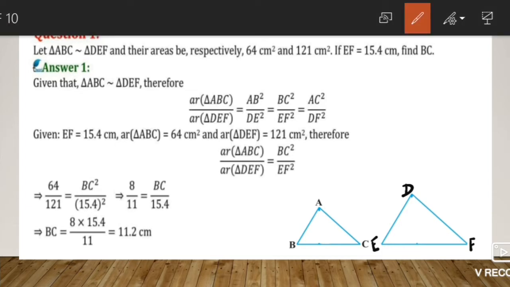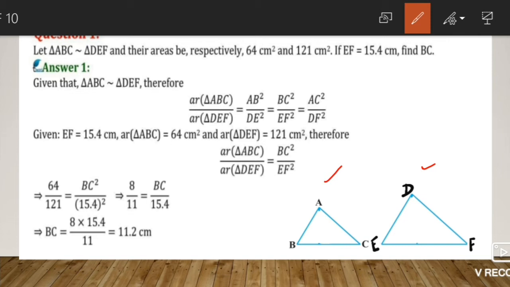Let ABC and DEF be similar triangles and their areas be 64 cm square and 121 cm square respectively. If EF is 15.4 cm, find the value of BC. So this triangle and this triangle are similar triangles.